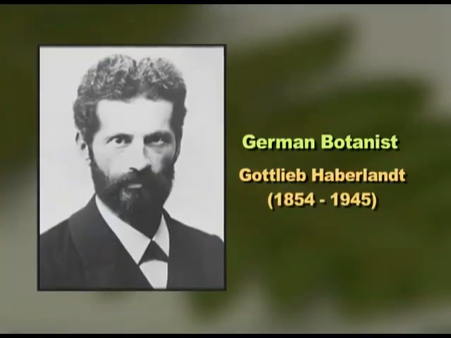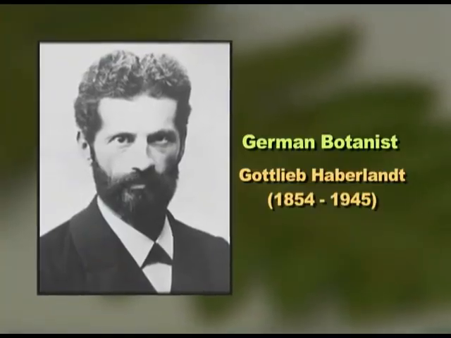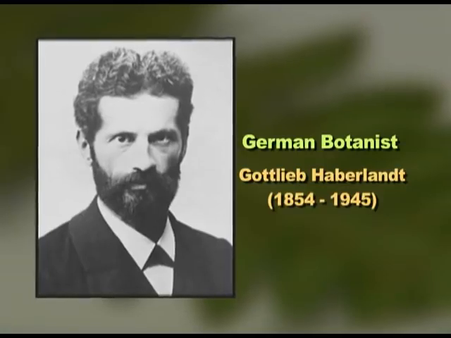The field began way back in 1902 when a German botanist conceptualized the concept of totipotency. This concept is based on the fact that each and every cell of the plant is capable of giving rise to another individual plant, and that plant is as true as any plant you find in the field.